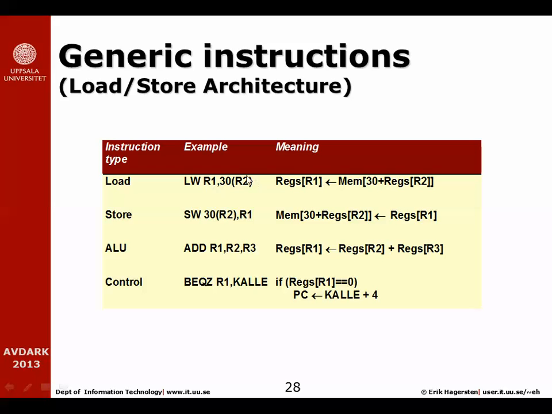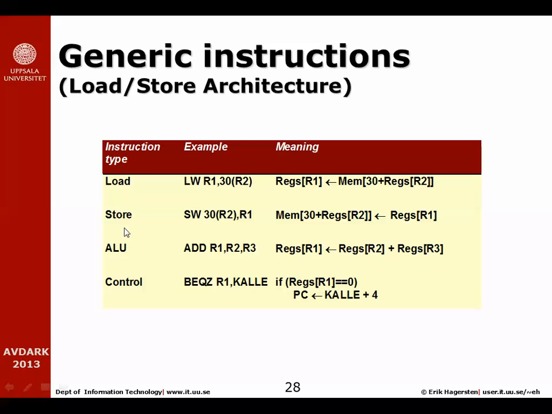So you always work towards the left. You put the result in the leftmost item of these instructions. And what you're going to put in register 1 is identified by the contents of register 2 plus a constant 30. So the meaning here is put into register 1 the memory location identified by the value stored in register 2 plus the constant 30. So that's the mnemonics we're going to talk about.